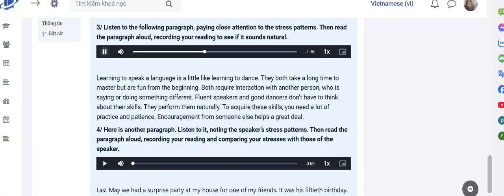They both take a long time to master, but are fun from the beginning. Both require interaction with another person who is saying or doing something different.